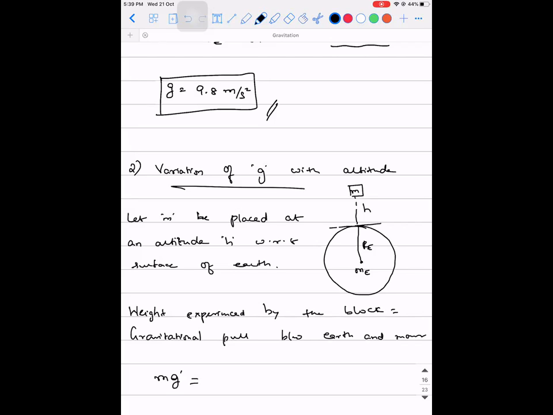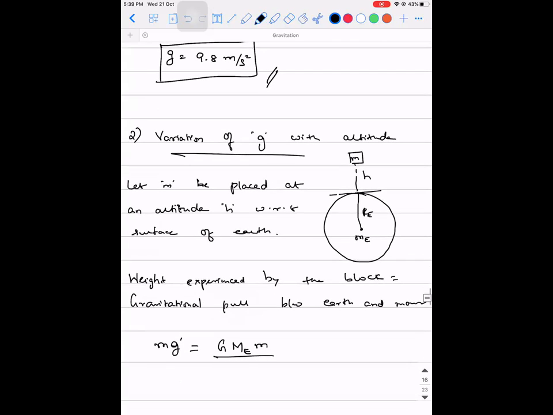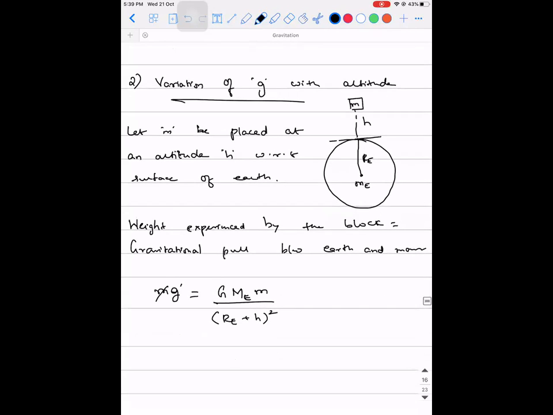So m into g dash is the weight of the object, that will be equal to capital G into mass of Earth into mass of the object divided by, what should I write, guys? Tell me, what should be the denominator? RE plus h. Yes, it is RE plus h the whole square. So again, small m and small m will get cancelled. g dash will be equal to G ME divided by RE plus h the whole square.